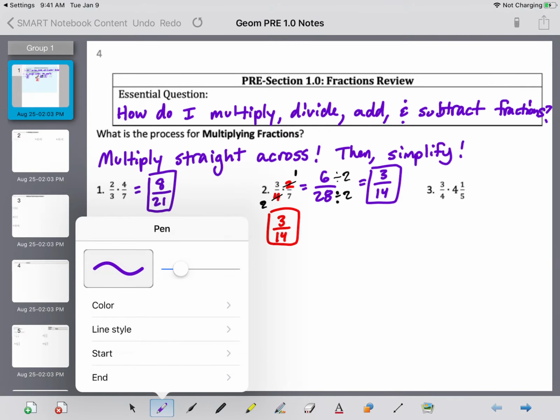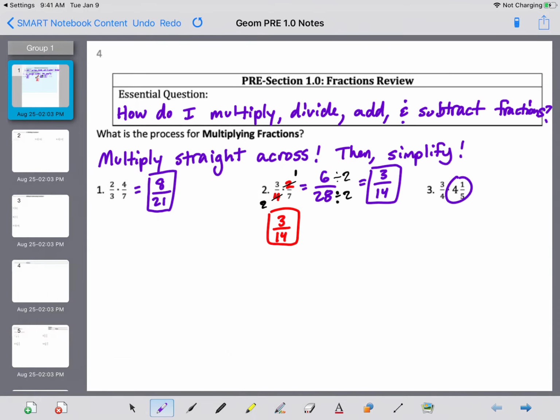Okay, and then in example 3 here, we need to change this part right here. 4 and 1/5 is what we call a mixed number. We need to change that into an improper fraction. Here's how we do that. You take 5 times 4, which is 20, and then you add 1. So this is the same as 21 over 5.